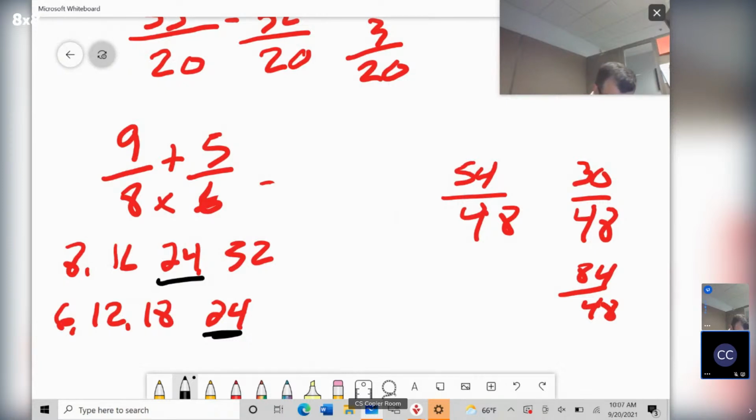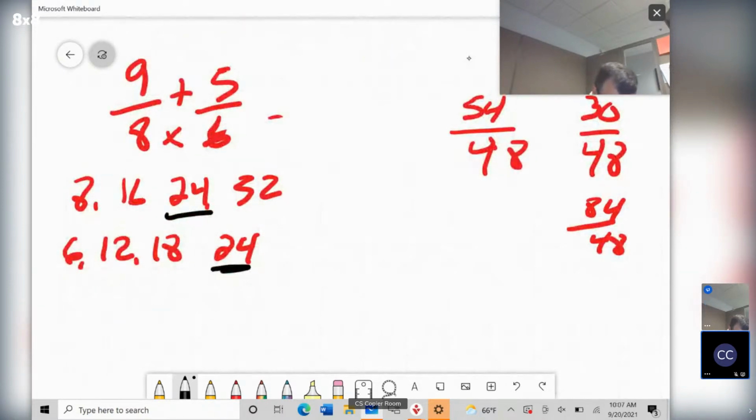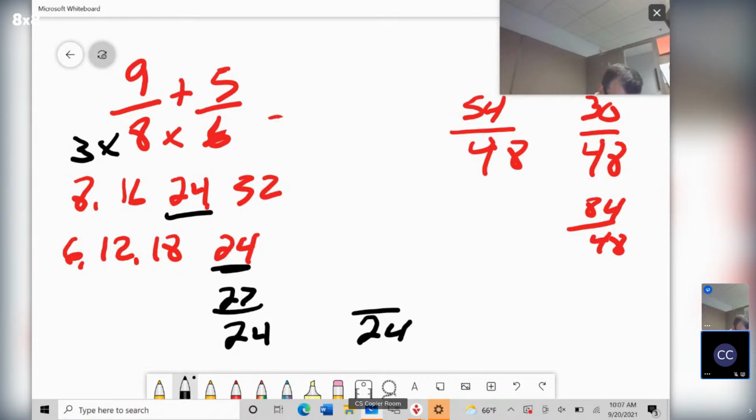So let's put this over 24. And 8 times 3 is 24. So 3 times 9 is 27. And 6 times 4, and that's going to be 20.